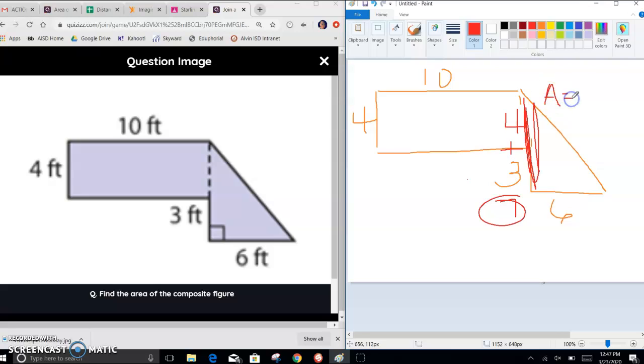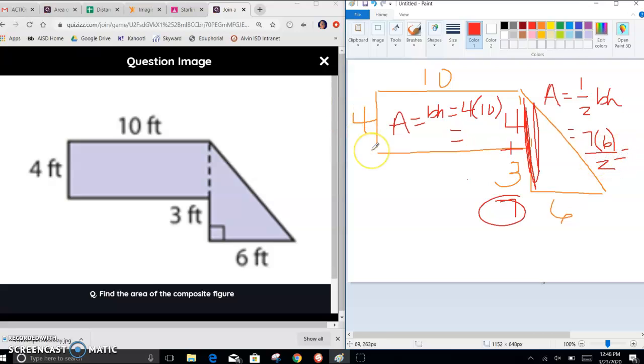So A equals 1/2 base times height. And then this is a 4 by 10 rectangle, base times height. 4 times 10. So I would take the answer that I get here, and then the answer that I get here, which is 7 times 6, divided by 2.